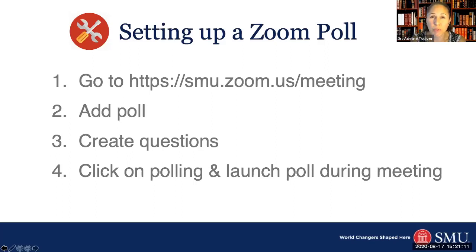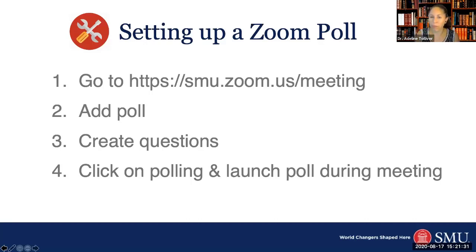So if you want to keep track of people's responses, I would recommend using the Polleverywhere application. But if it's just quick feedback, you just want to make sure that the students are alive and answering, then I would just do a Zoom poll. So it's just up to you.